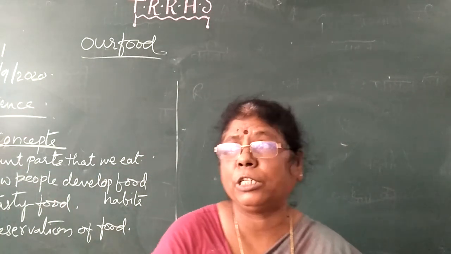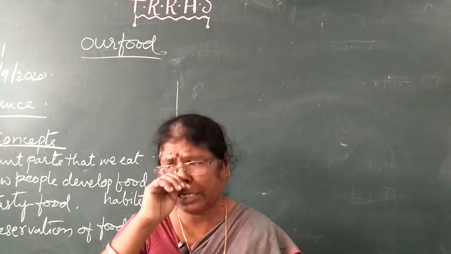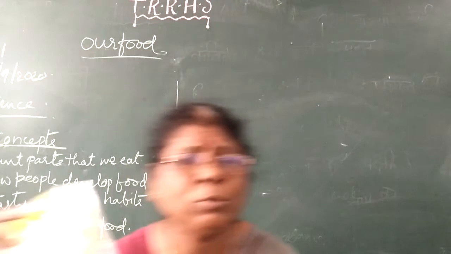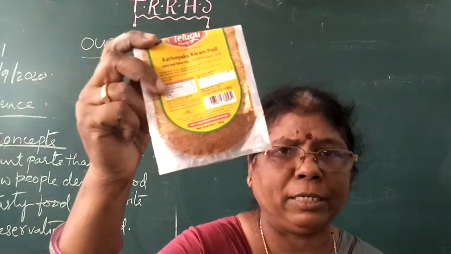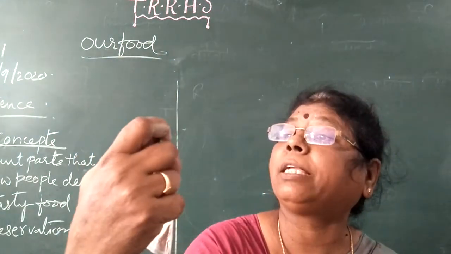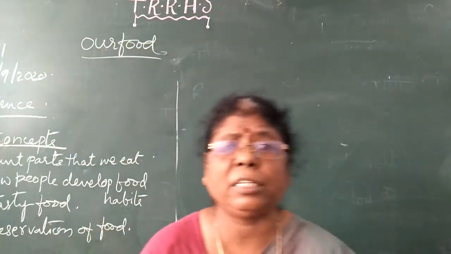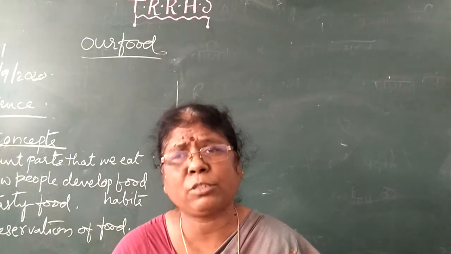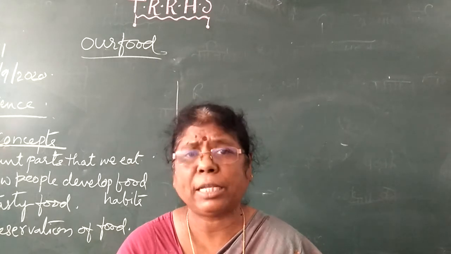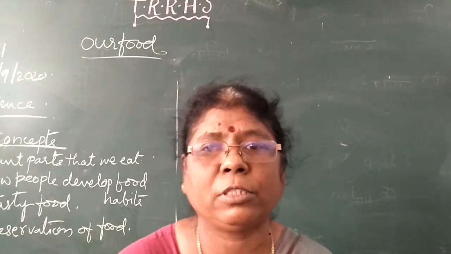Now, preservation, you get from the market also. Food packets you get from the market, and pudis, karam pudi or idli pudi. Sometimes in juices or other food items, they add some harmful preservatives.